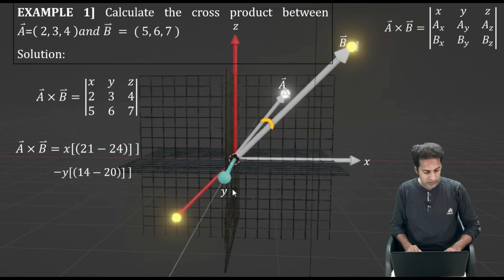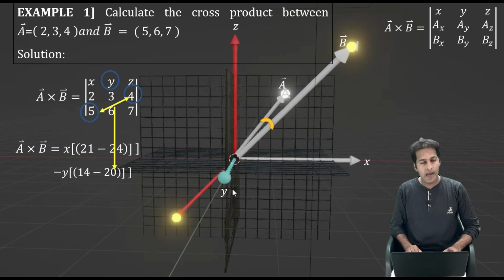We will take the y direction. For y, we have to take the cross product of the remaining two coordinate components as shown here. First, we take the product of 2 and 7, which is 14. Then we take the product of 5 and 4, which is 20. We have to subtract them.